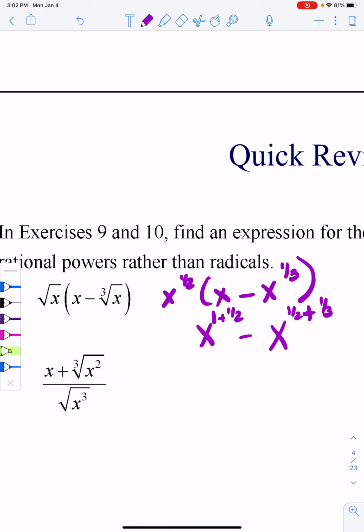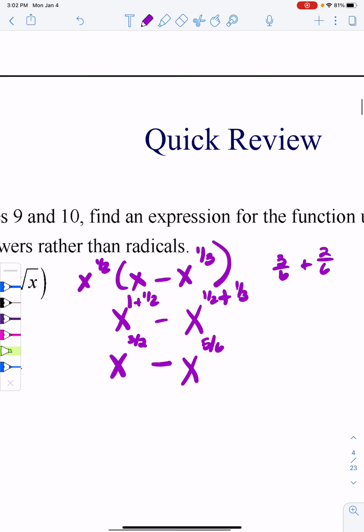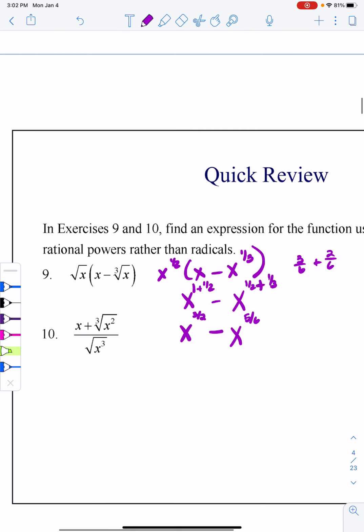And so when you multiply, you add exponents. And so this is going to get you x to the 3/2 minus x to the 3/6 plus 2/6, which is 5/6. And so you'll see that those distribute like that.